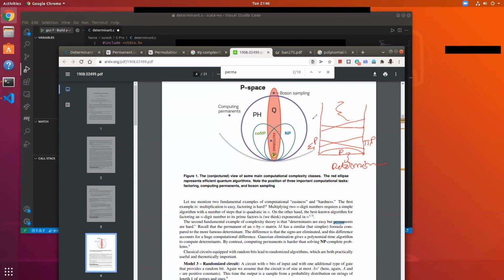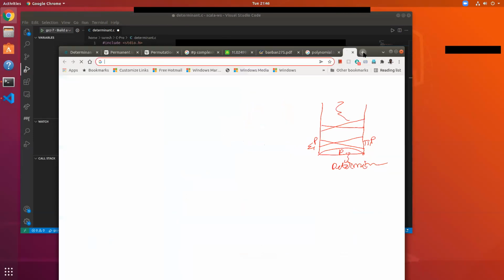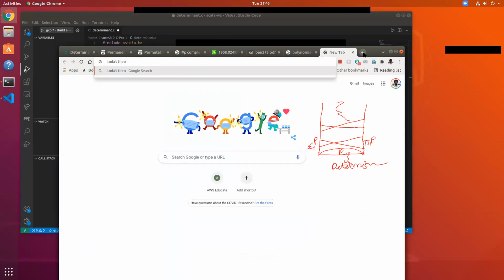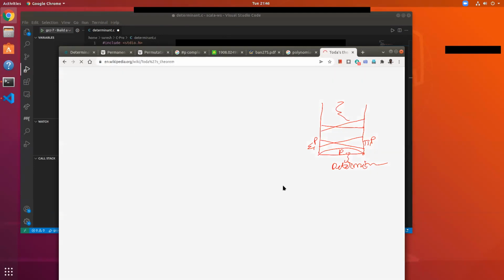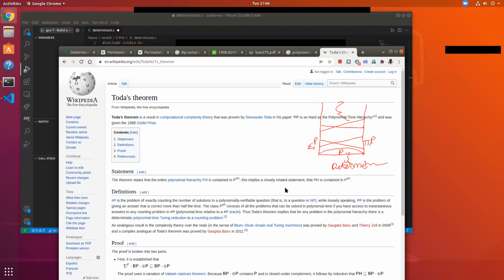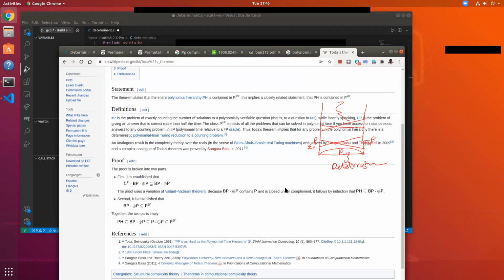If you can compute permanent, then there is this theorem, which is called Toda's theorem.